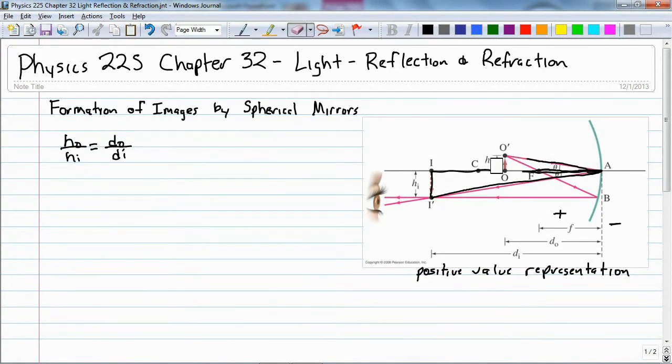Now for a second set of triangles, this time we're going to go from O prime to F to O back to O prime. So we have that triangle.